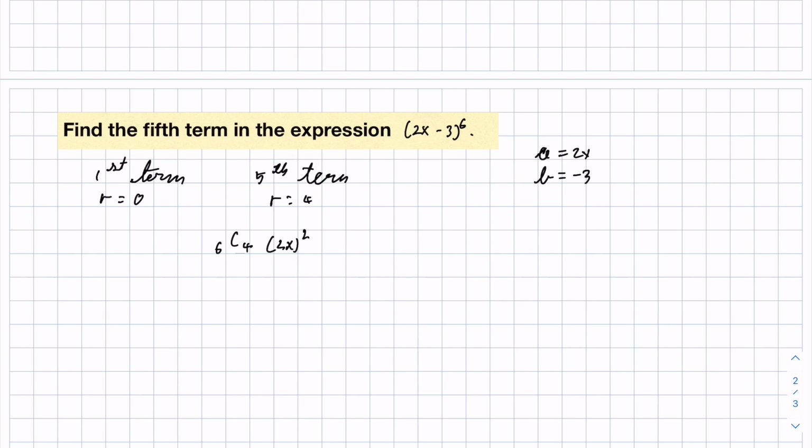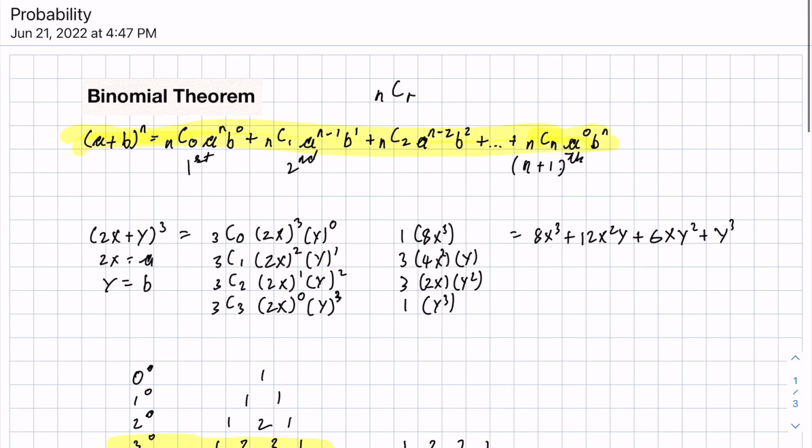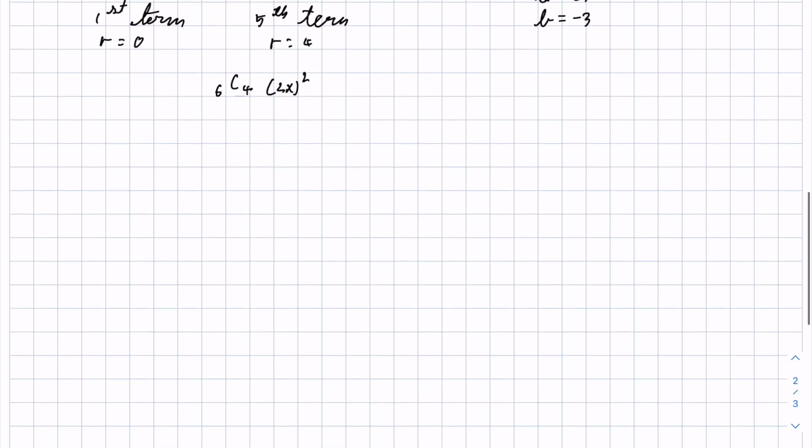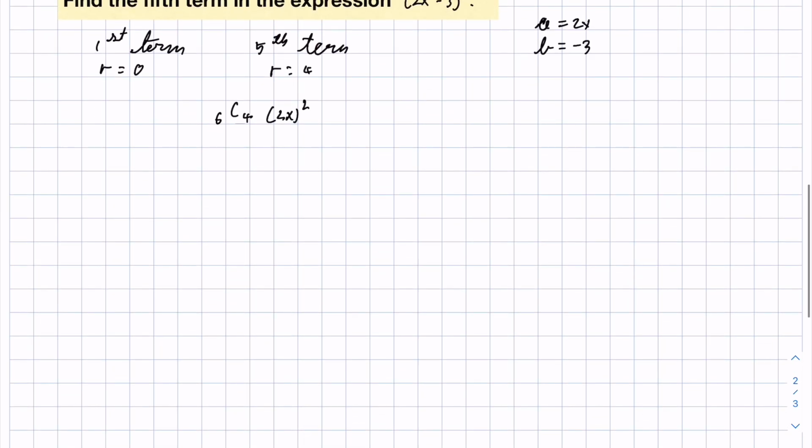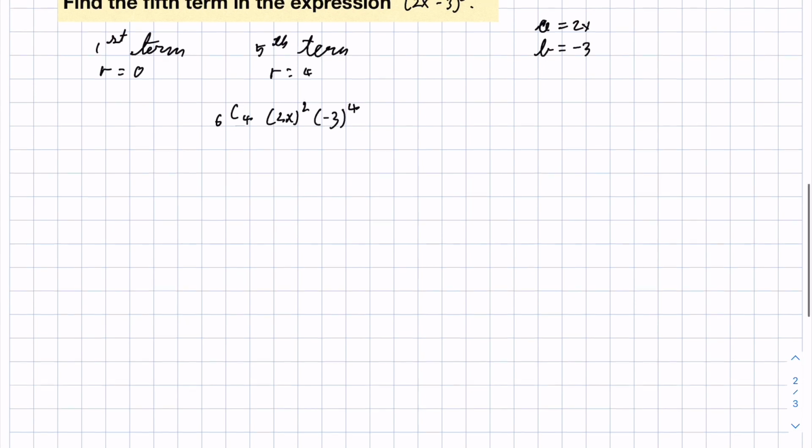And then we have b. What is b taken to the power of? B is basically taken to the power of r. So it will be negative 3 to the power of 4, which is what r is in this case.